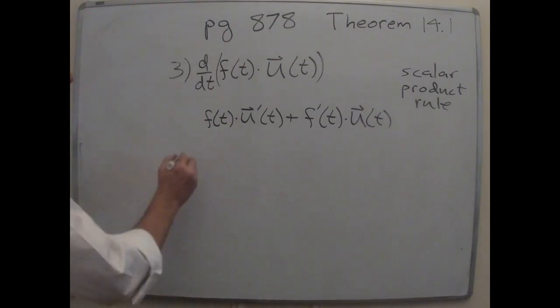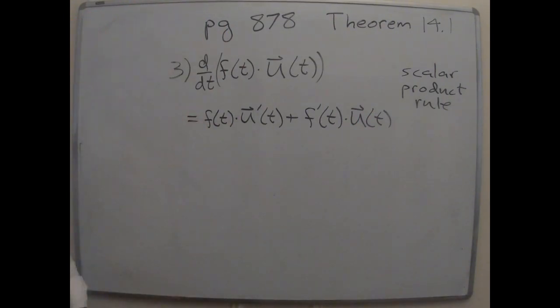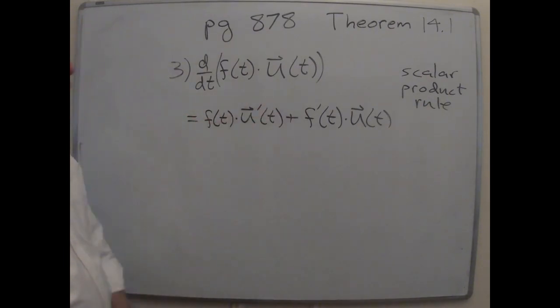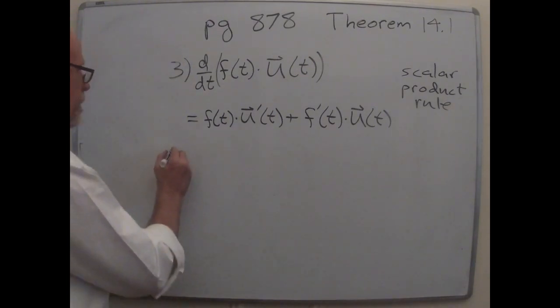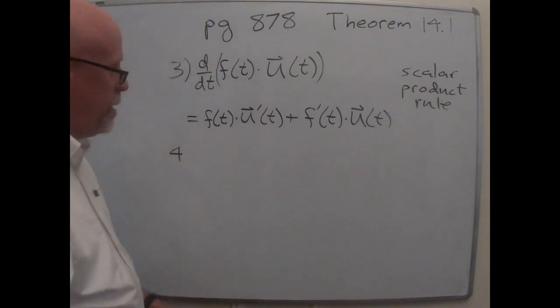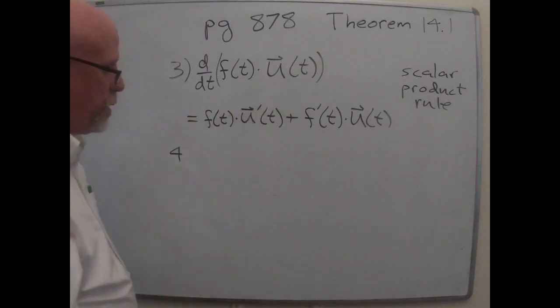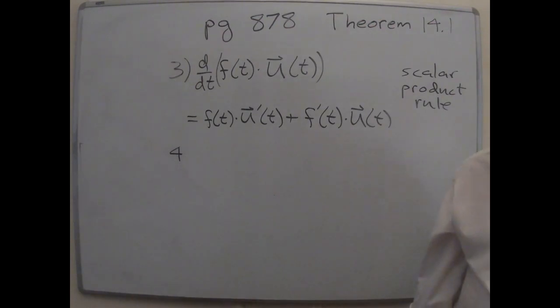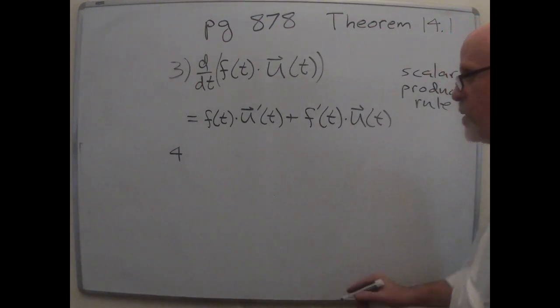And that's what you do here. The only difference is that we put some vector hats on the u's. Other than that, it's the same exact thing as the product rule. But this is multiplying a scalar times a vector. We've got other ways to do products, and it turns out they all obey the same product rule. It's cool.